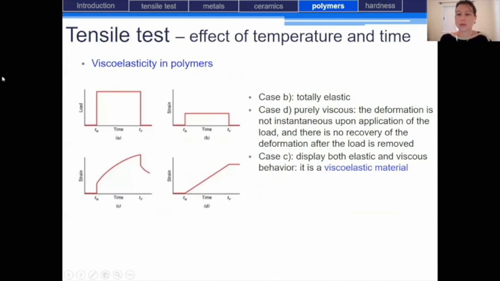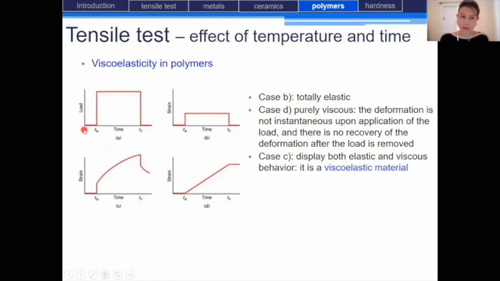So now let's introduce the concept of viscoelasticity in polymers, which enables us to understand the evolution of the different mechanical properties that we can have depending on temperature and time. Let's introduce the situation.